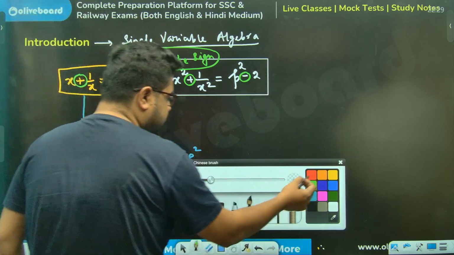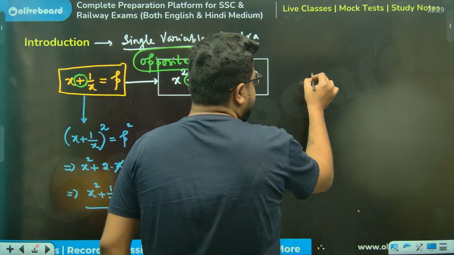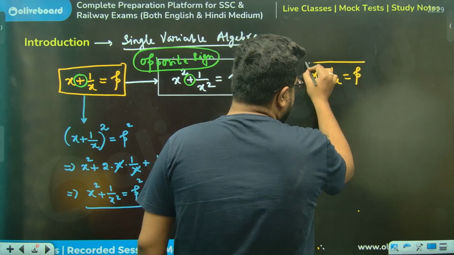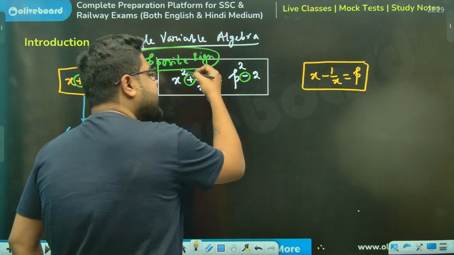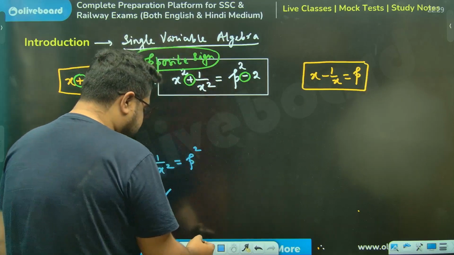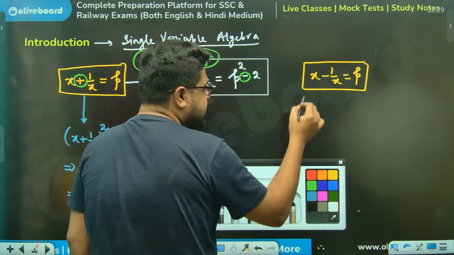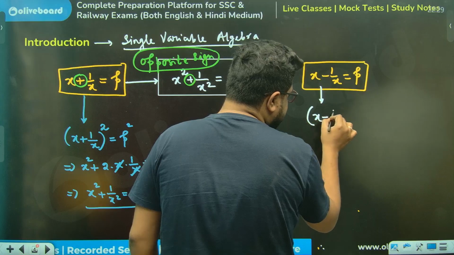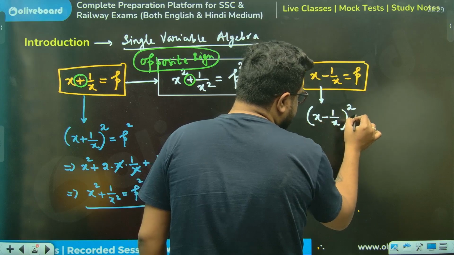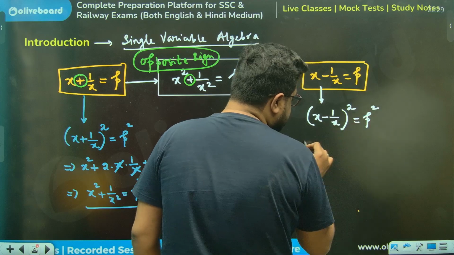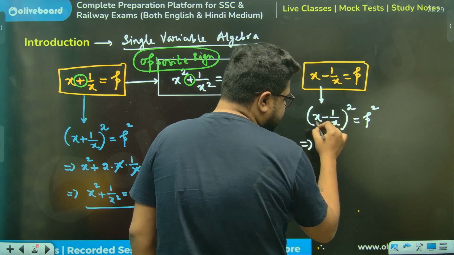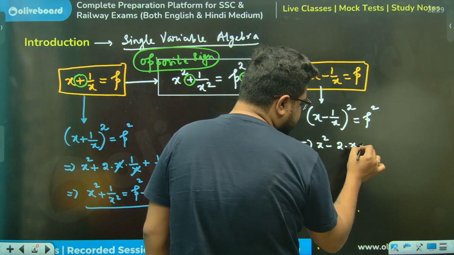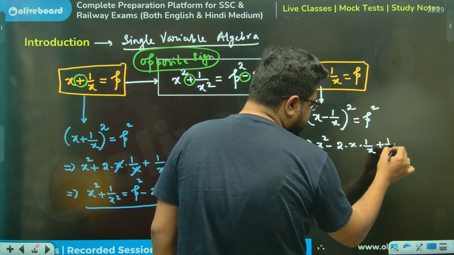Let's say you have been given, for example, x minus 1 by x is equal to p. And you need to figure out x square plus 1 by x square, the same thing. You see how you can do that? Sir, again let's do the whole square. x minus 1 by x whole square is equal to p square. Now again, a minus b whole square formula: a square minus twice of ab plus b square.